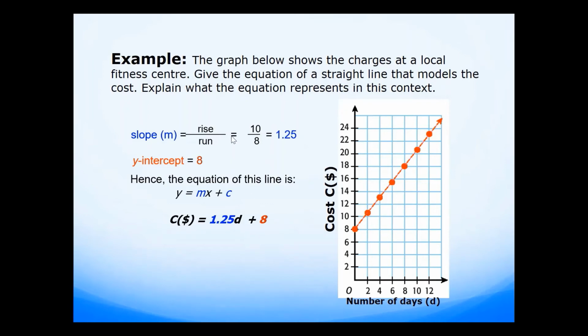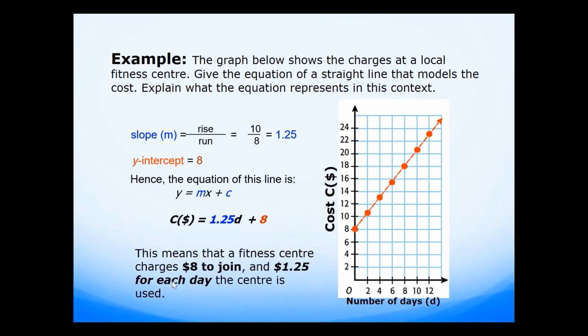Now the second part of the problem says explain what this means in this particular context. So you just have to write a sentence describing what this means. Remember, the slope gives the rate. So this means that the fitness center charges $8 to join. So $8 is the joining fee, a registration fee for example.